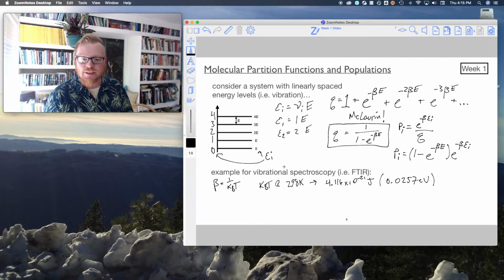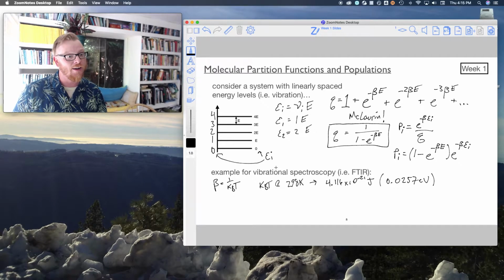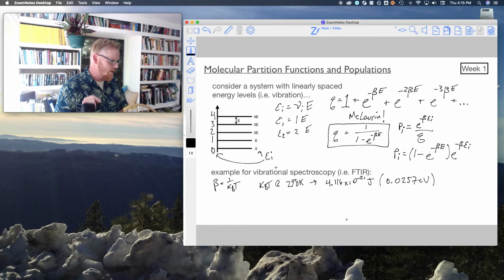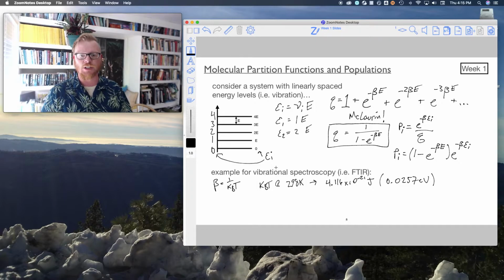But if I want to do this example from vibrational spectroscopy, it becomes useful to use units of wave number. You guessed. Okay. And so remember from the first lecture, I can calculate wave number by saying 1 over the wavelength, but in this case, because I have energy, I can just simply say that it's energy divided by hc, okay?